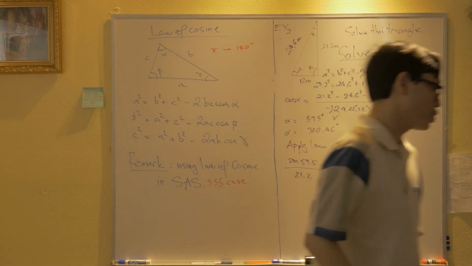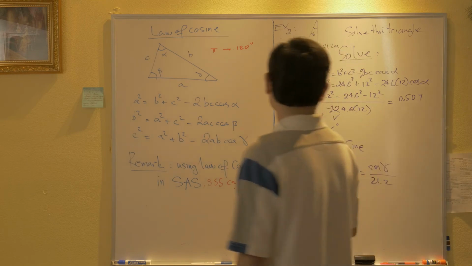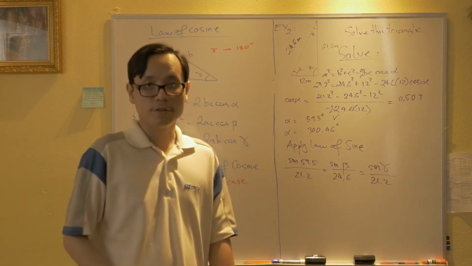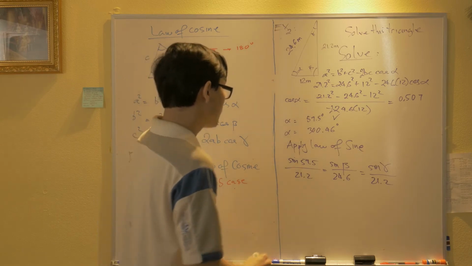So you have two proportions. I can find beta, and you find gamma by subtracting from 180.